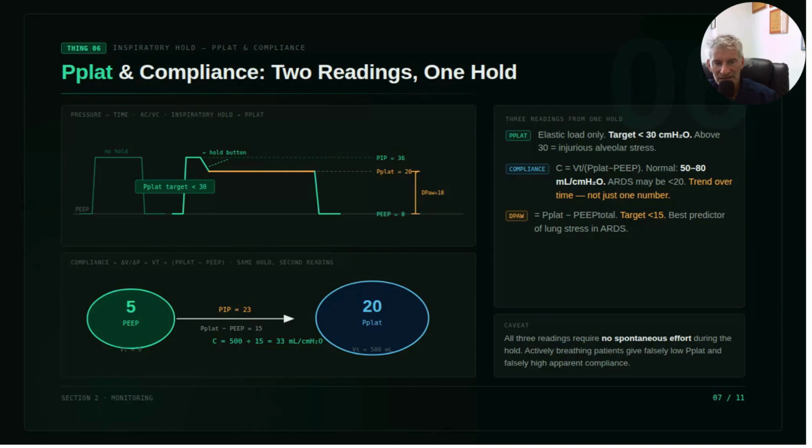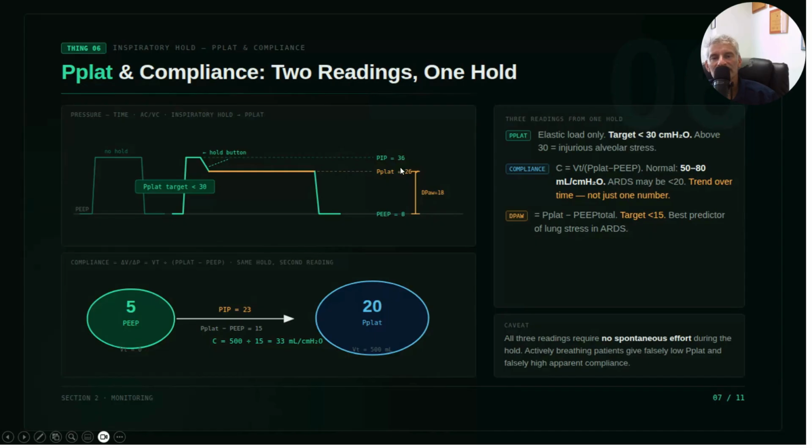If it's less than 10, that's okay. If it's more than 10, then you think of mucus plug, bronchospasm, and biting the tube. This is on the cusp. If the plateau pressure is greater than 30, you think of stiffness of the lung.